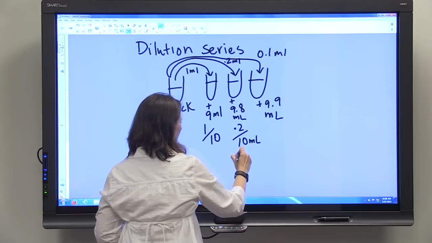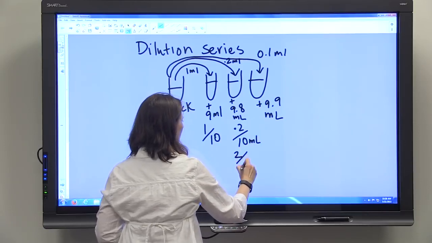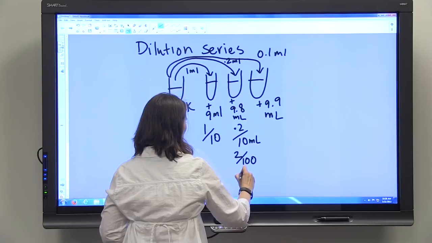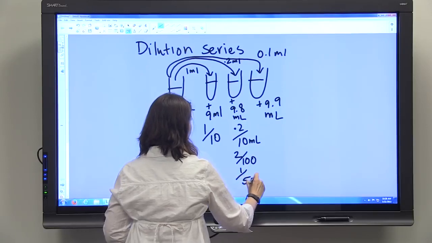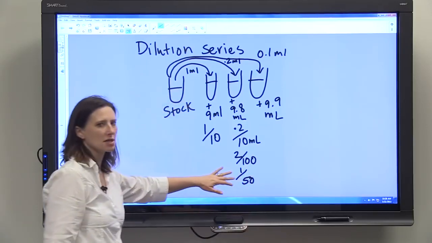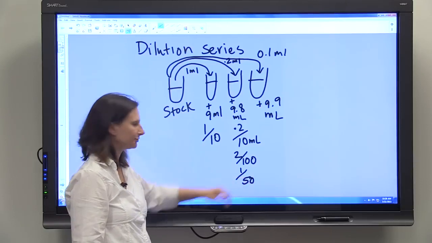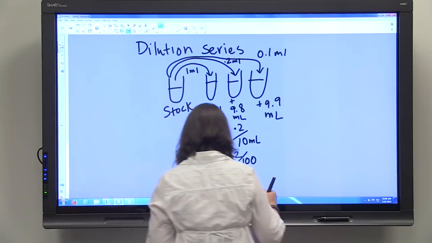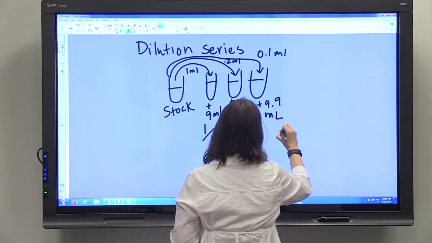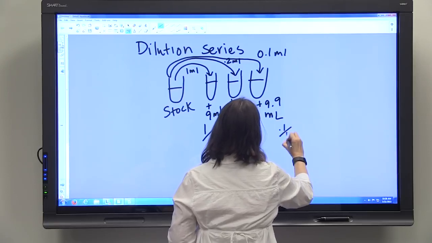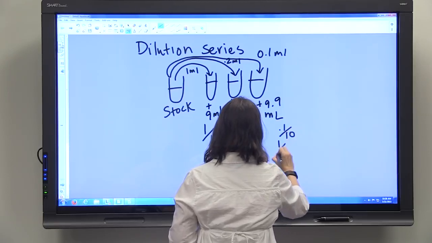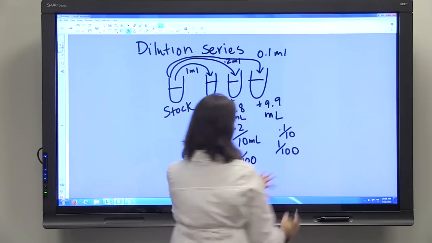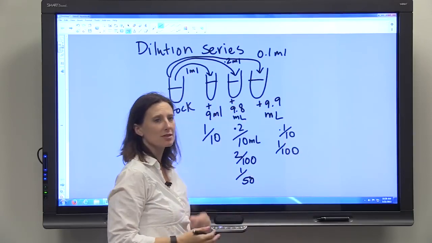We can also look at that by moving the decimal point, 2 out of 100 or 1 out of 50. So that gives us a 50th dilution. That's our dilution factor there. And here, again, 0.1 out of 10 is 1 out of 100. That's our dilution factor for this third test tube.